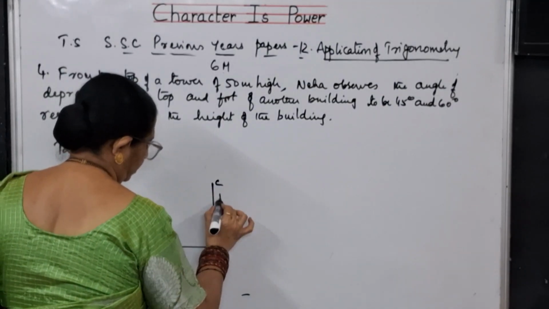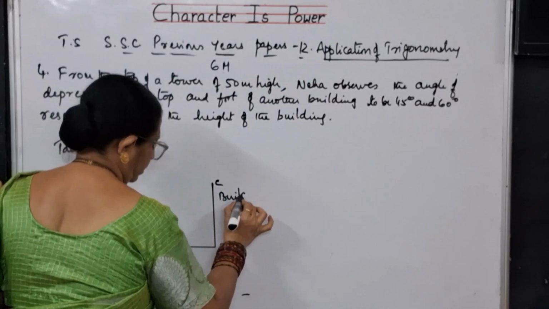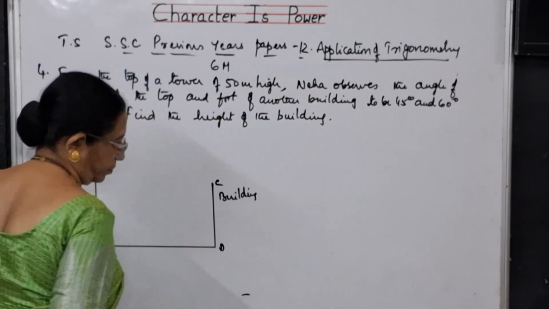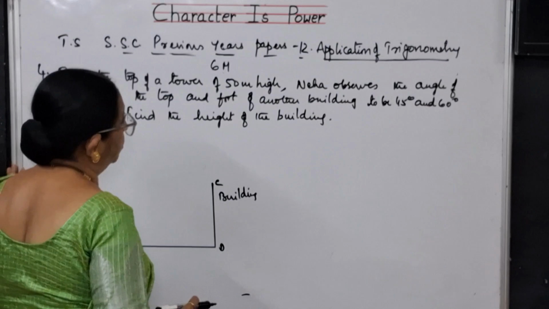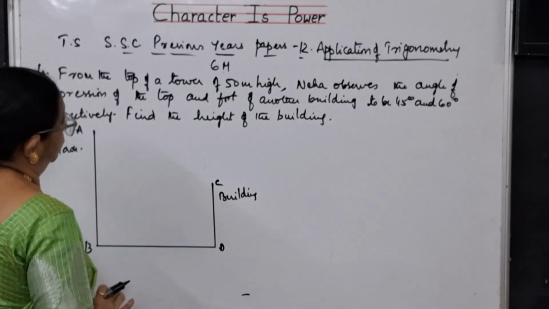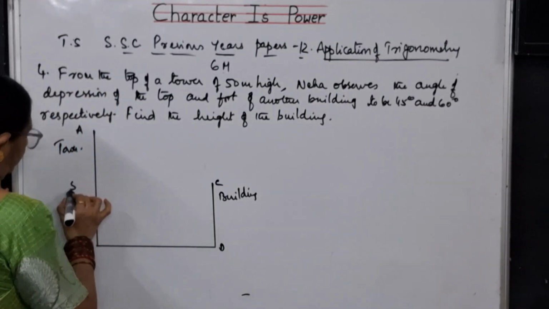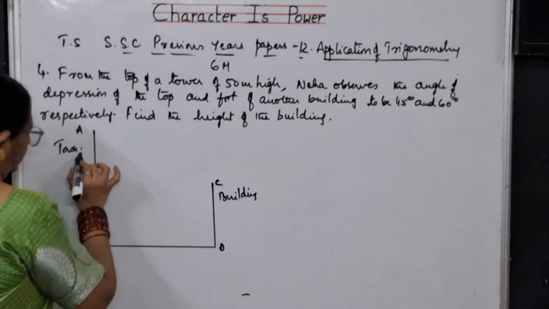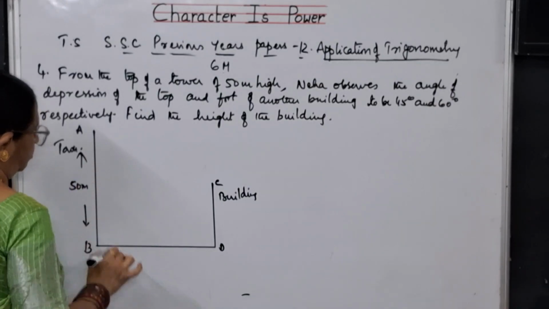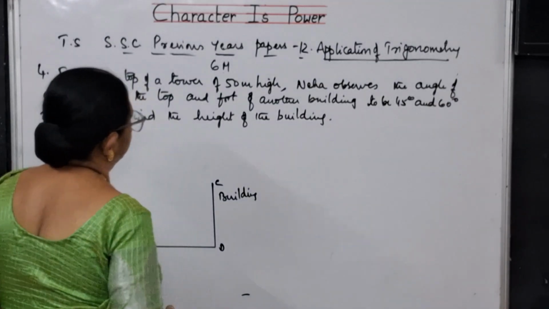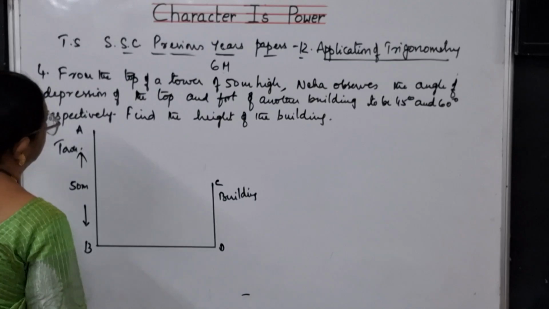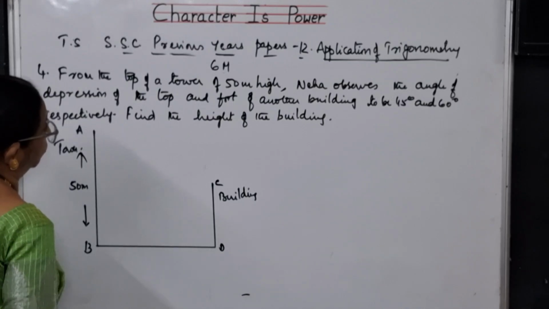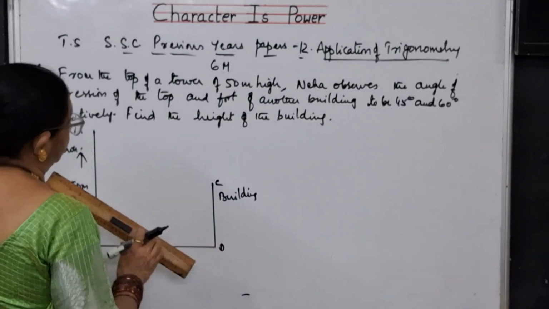CD is the building. From the top of the tower, 50 meters high. So the tower height is 50 meters.